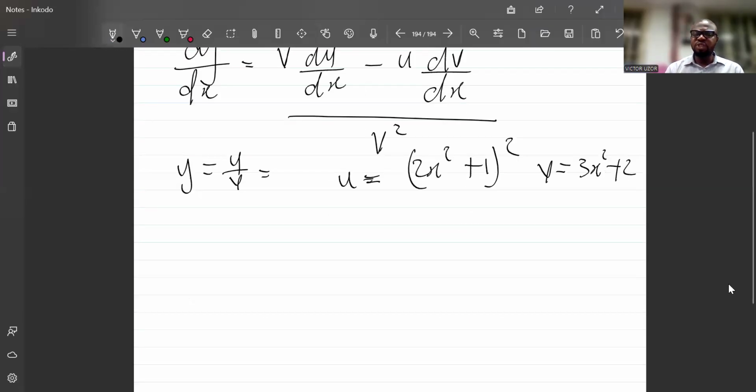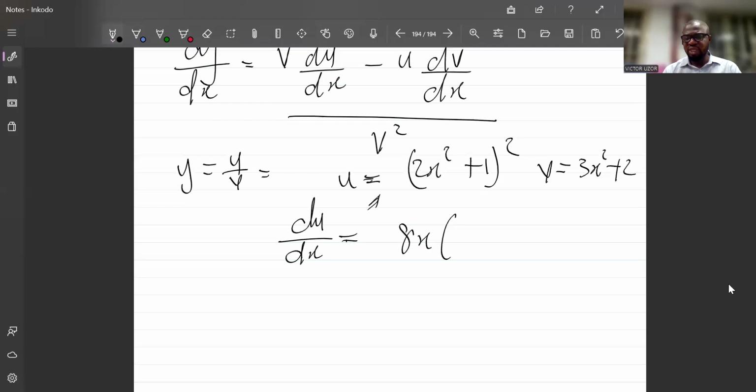Now we are going to differentiate and find du with respect to x. Doing that like we have done before, it's going to be 2 times 4x, which gives 8x, in bracket 2x squared plus 1.